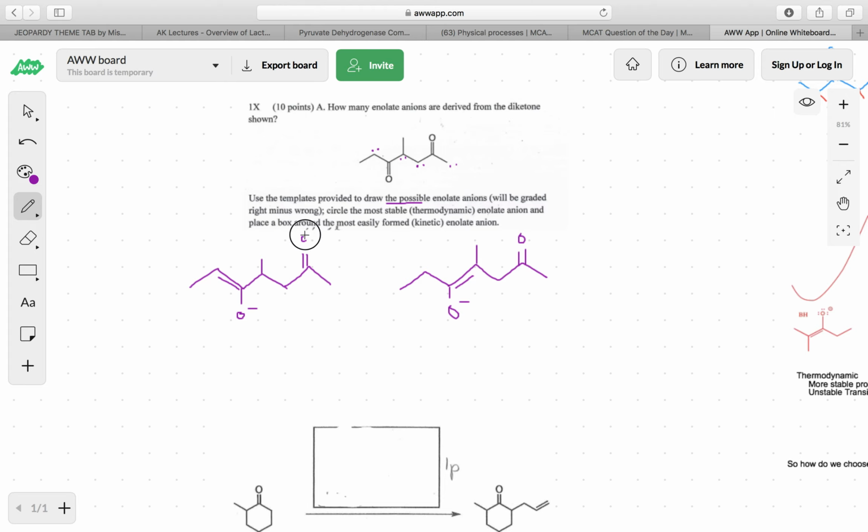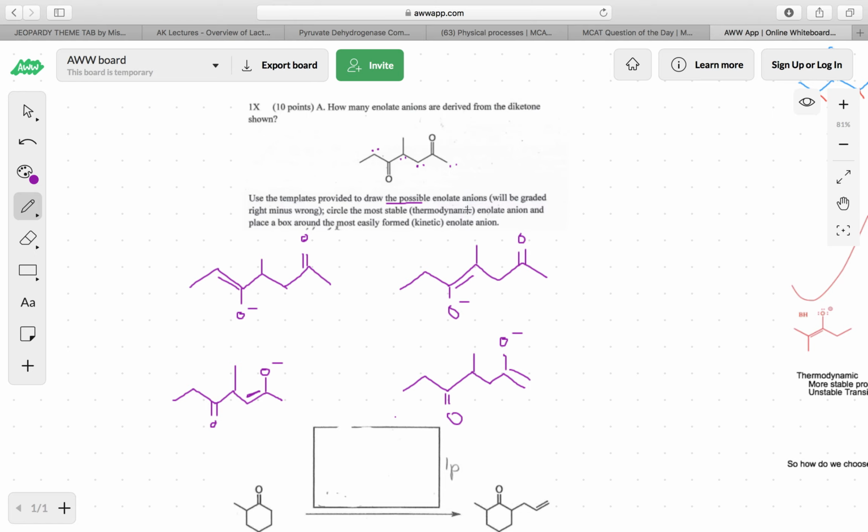Our third one, oh, I didn't finish the oxygen here. The third one should be this lone pair here, so we know it's going to form an alkene on the right side. So we should get this. This is an alkene. And the fourth one, if we look at this lone pair, it's going to form an alkene on the right side. So these are 4 possible enolates.